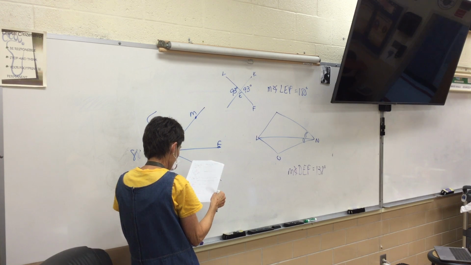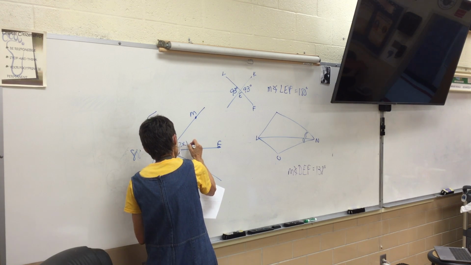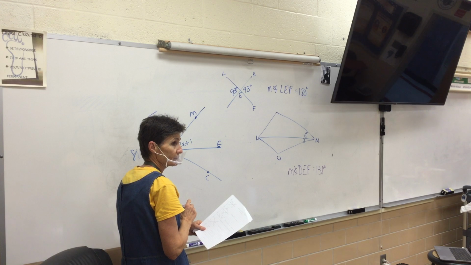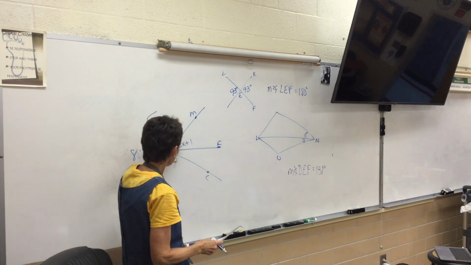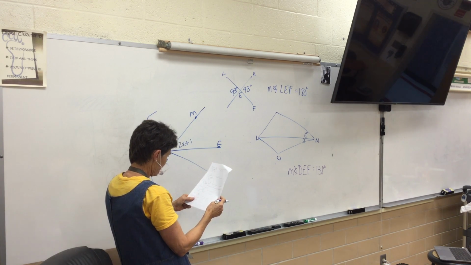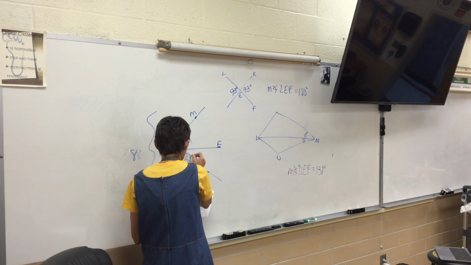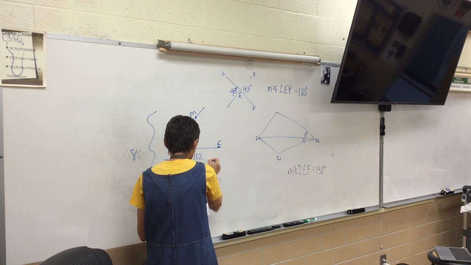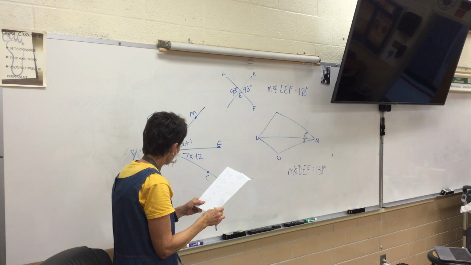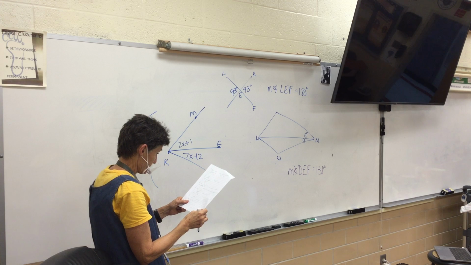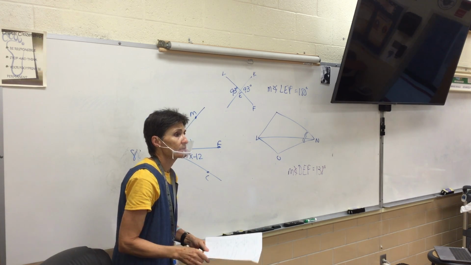MKF, 2x plus 1. That's my oldest daughter, MKF. And then my next oldest daughter is CKF. Find x.